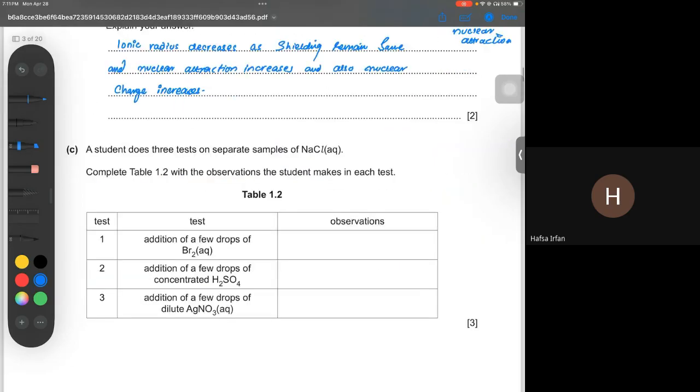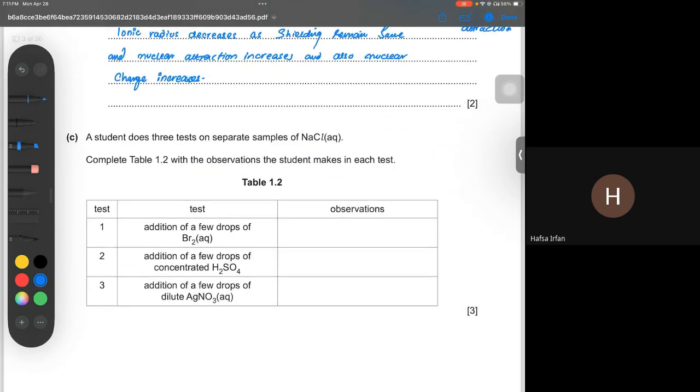A student does three tests on separate samples of sodium chloride. First of all, addition of a few drops of aqueous bromine. You know that as you go down the group of halogens, reactivity decreases, so bromine is less reactive than chlorine.